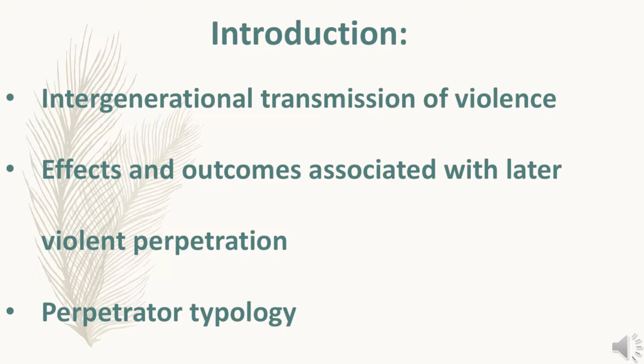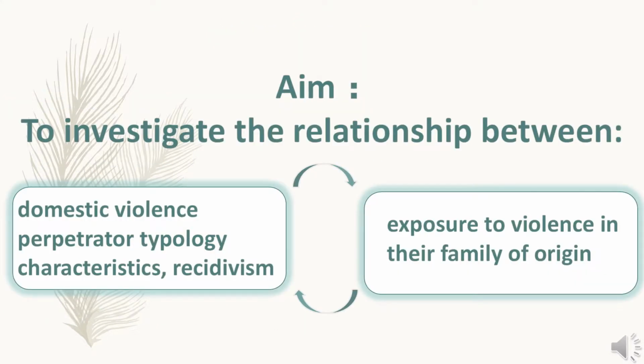However, they are not satisfied with that because they think the results are mixed and confusing. The aim of this article is to investigate the relationship between domestic violence perpetrator typology, characteristics, recidivism, and exposure to violence in their families of origin.